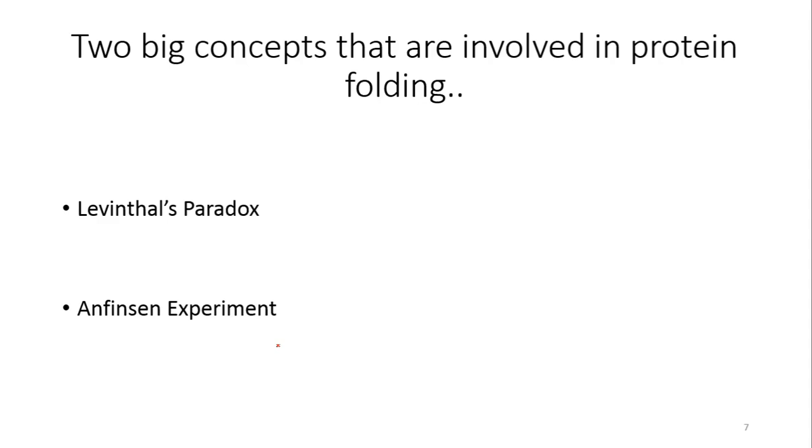Now, in order to understand ab initio protein structure prediction concepts, you should be aware of two main concepts that are involved in protein folding. The very first concept that is very important is Levinthal's paradox, and another important concept is Anfinsen's experiment.